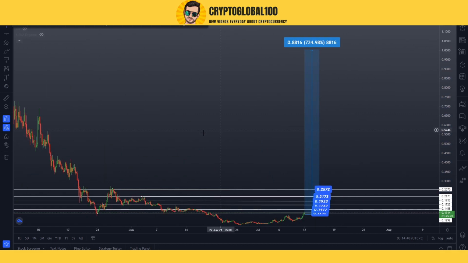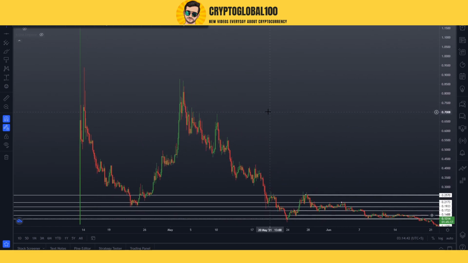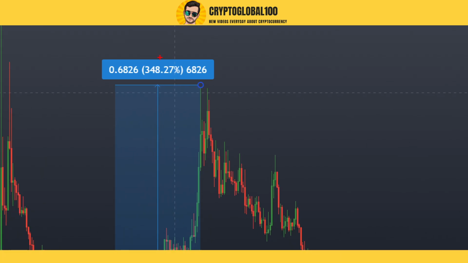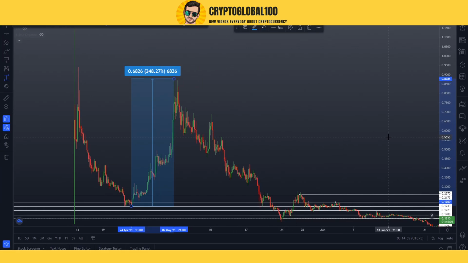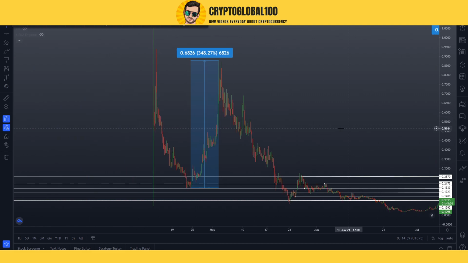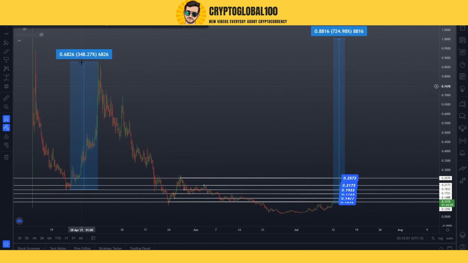And if we take a look during the bullish season, let me show you what happened. From this area it went up to this level. That happened during the bullish season, and that only made 300%. So if we take this same area and zoom out a bit, you can see we got a 300% move.